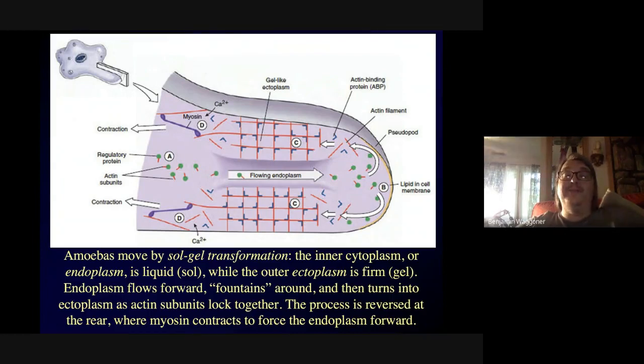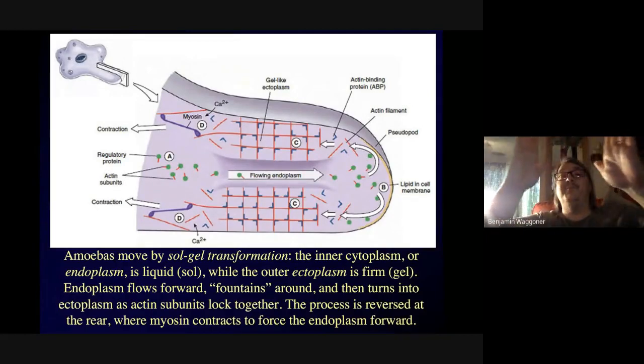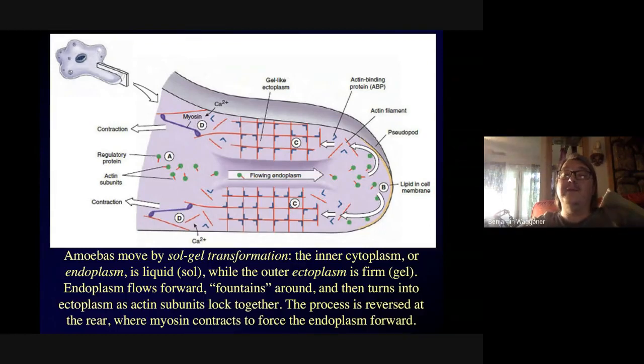The endoplasm flows forward. When it reaches the tip of a pseudopod, it kind of fountains around and gets squeezed through the pseudopod and then splits in either direction. And right there, it turns into gel, where those actin subunits lock together and form something solid.